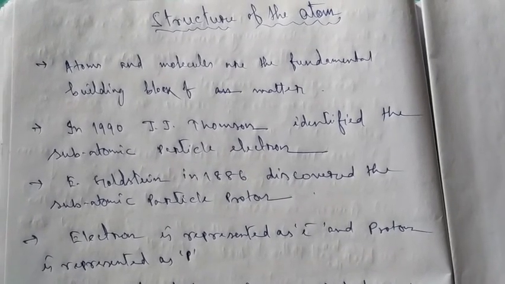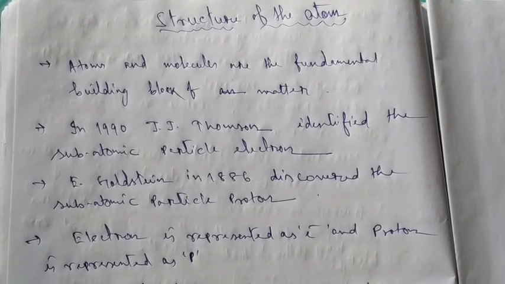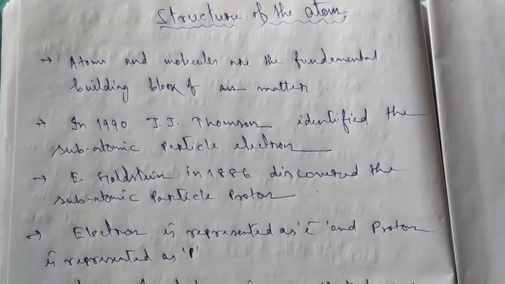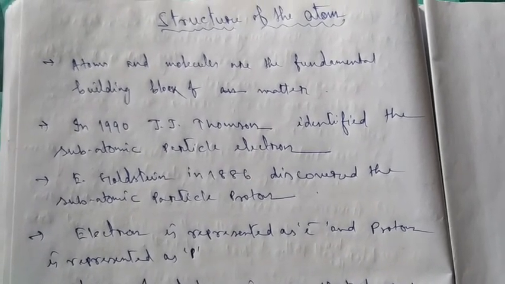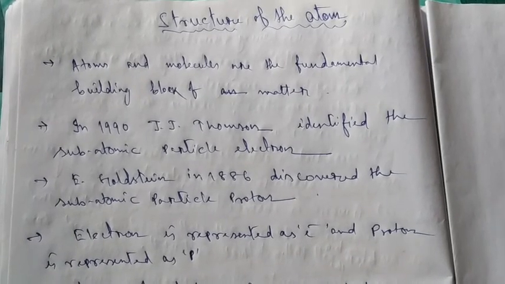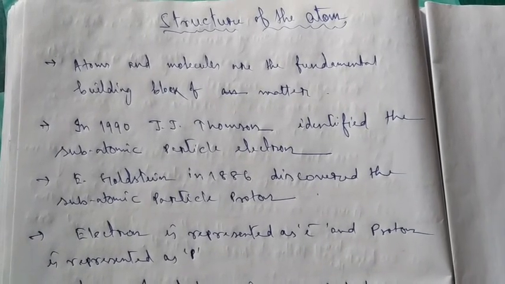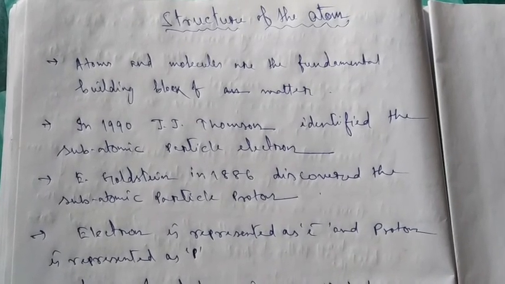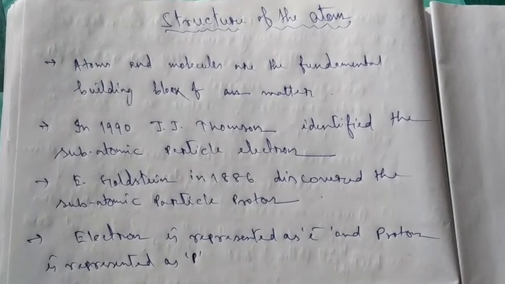So to overcome this confusion, different scientists were involved in research to find out the fact, so that they could come to a conclusion that this is the last form, or if this is the last form, then what its structure will be.